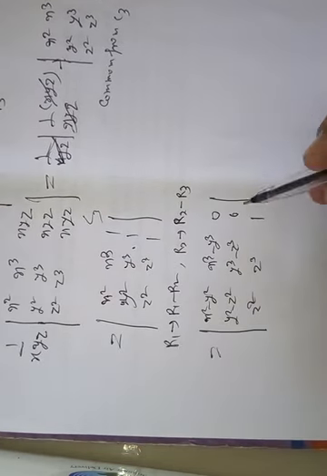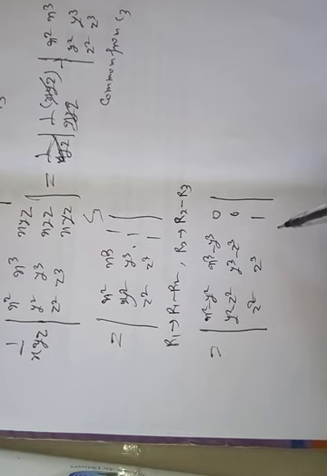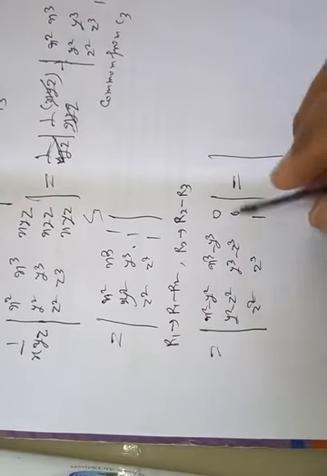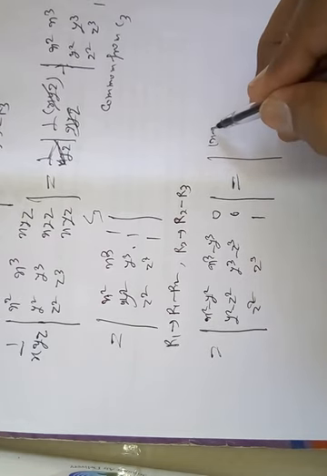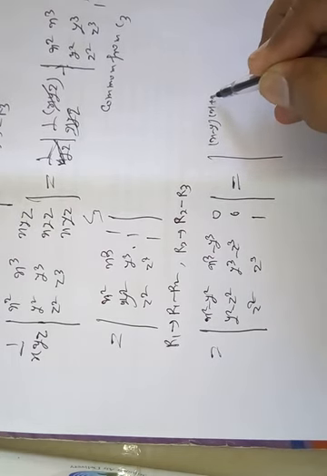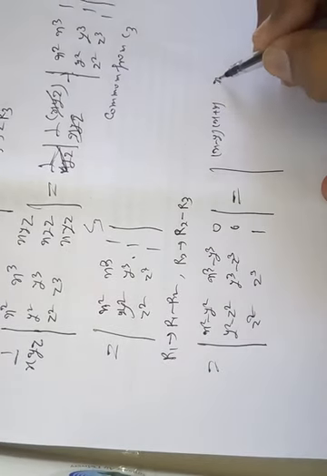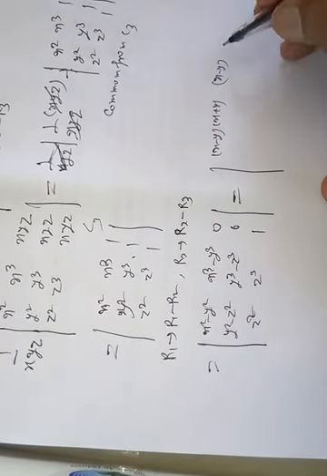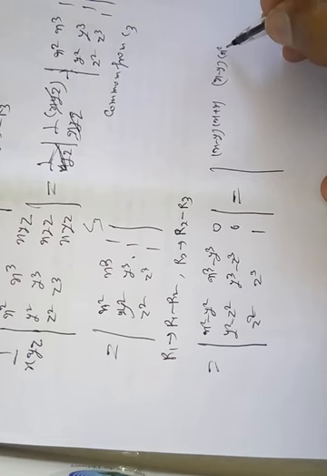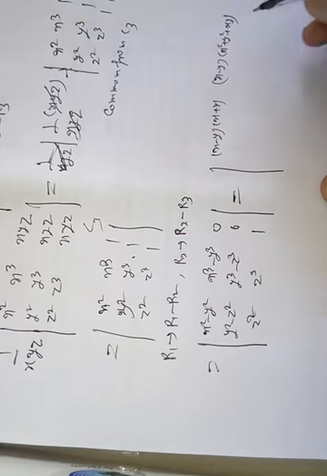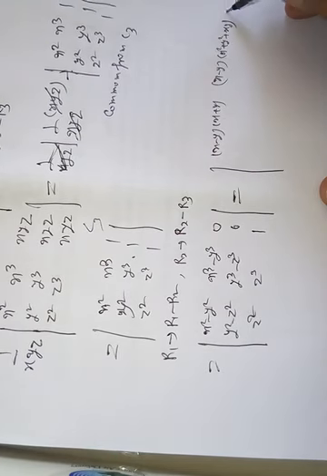Expanding along, simplify this: x square minus y square is (x minus y)(x plus y). And factor x minus y from the cube formula: x square plus y square plus xy. And 0.